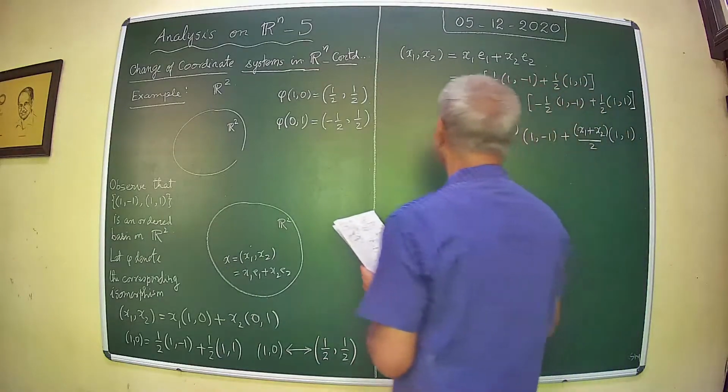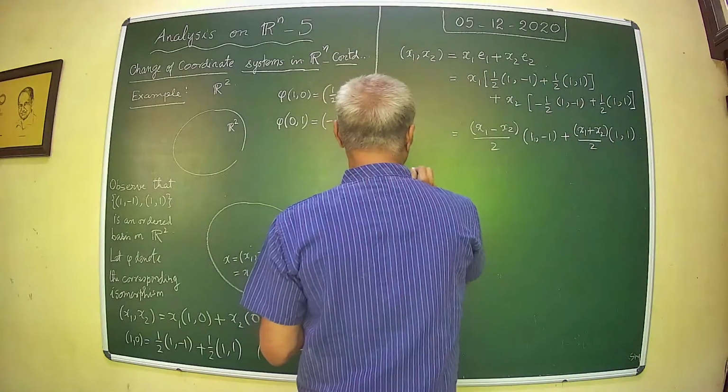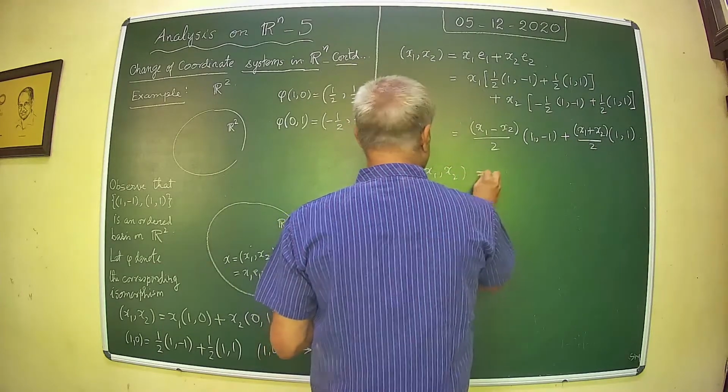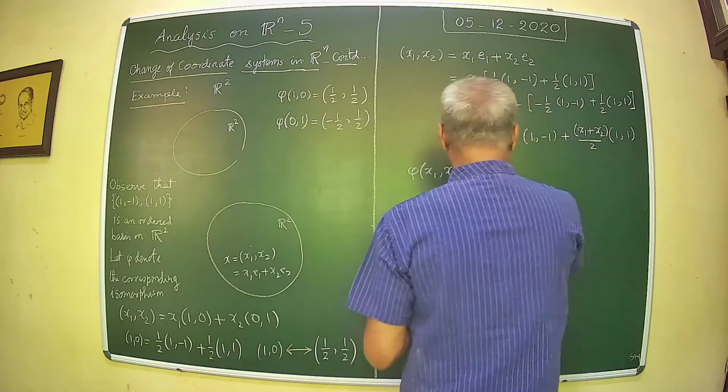So you see that phi of (x1, x2) is equal to the ordered pair.